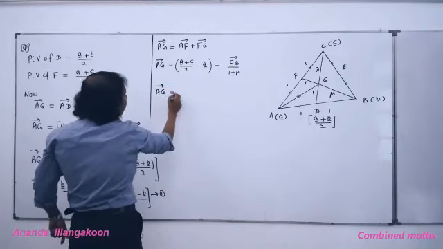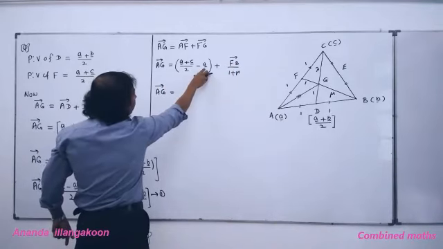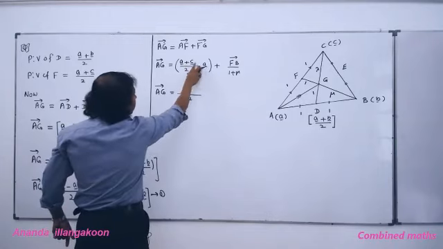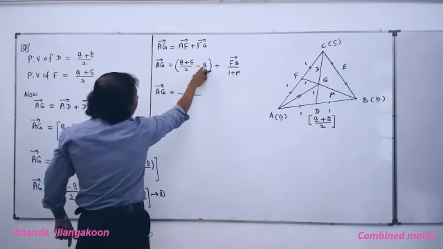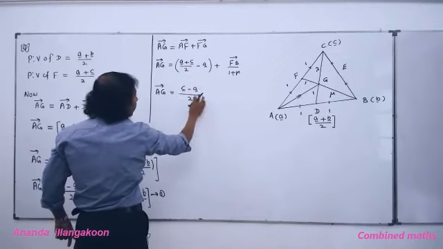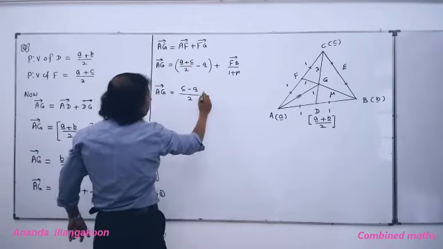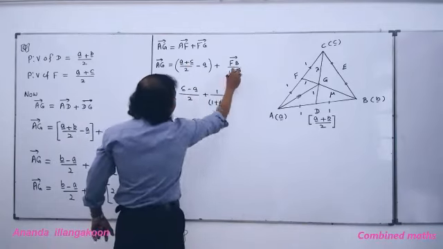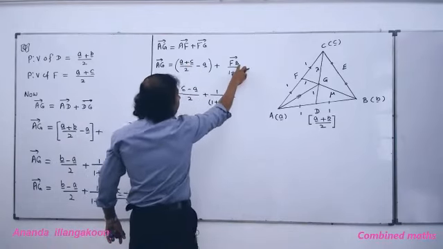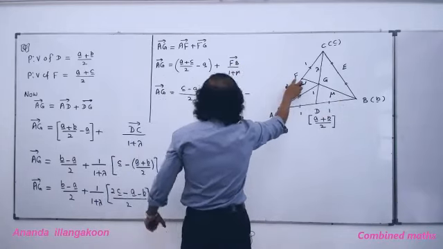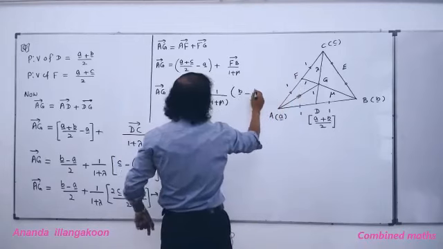The AG vector is therefore, take here the common denominator as 2: (A plus C minus 2A) by 2, that is (C minus A) by 2, plus 1 upon 1 plus mu times the FB vector. What is that, people? Position vector of B, simply B, minus position vector of F, which is (A plus C) by 2.